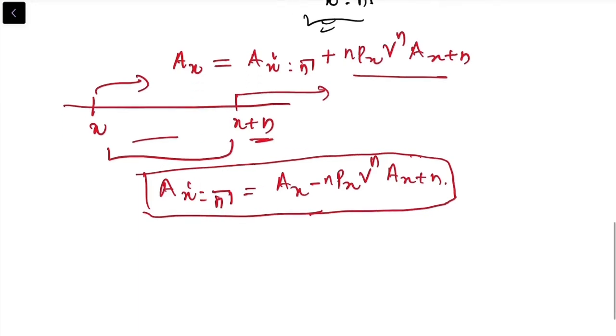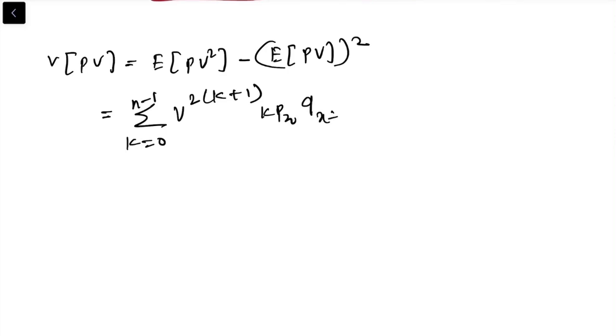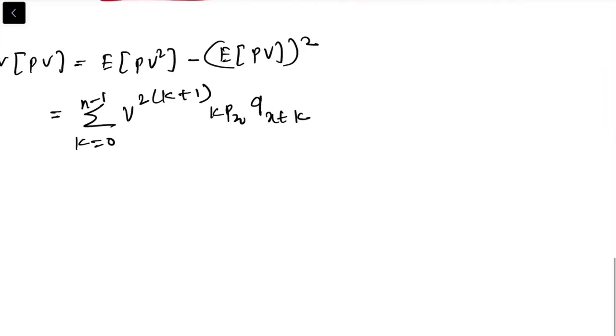Now let's look at the variance of the present value. The variance of the present value is the expectation of the present value squared minus the expectation of the present value whole squared, and this is the summation k equals 0 to n minus 1 of v^(2(k+1)) _kp_x q_(x+k), minus (A^1_x:n) whole squared.